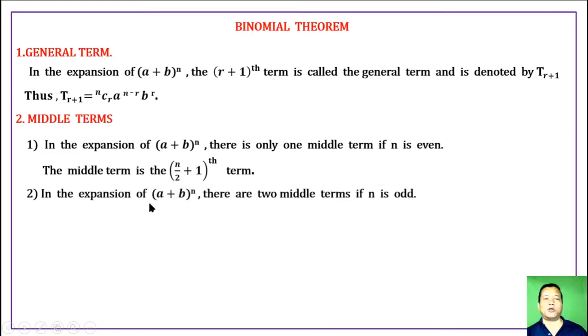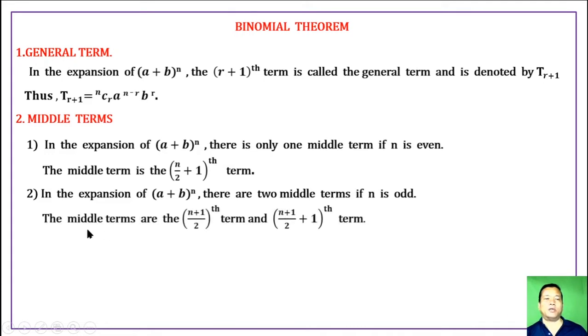In the expansion of (a + b) to the power n, there are two middle terms if n is odd. If n is odd, the expansion has two middle terms. The middle terms are the ((n plus 1) divided by 2)th term and the ((n plus 1) by 2 plus 1)th term. The two middle terms are these.